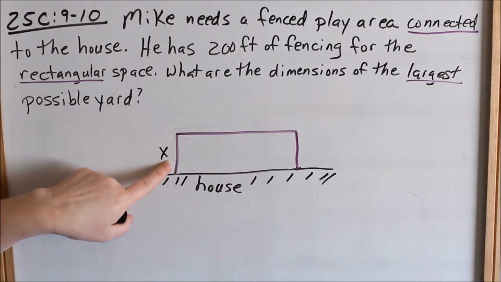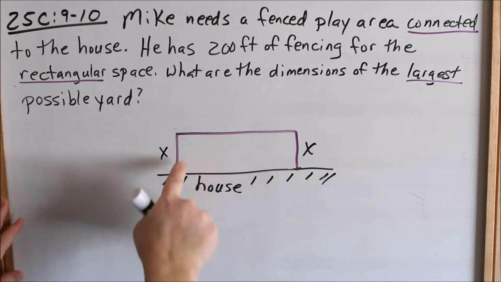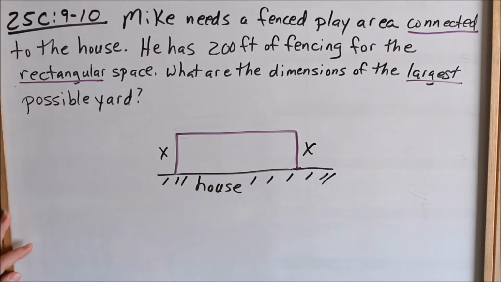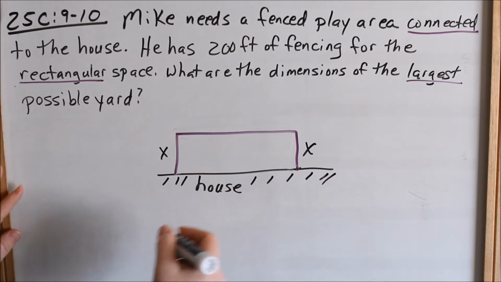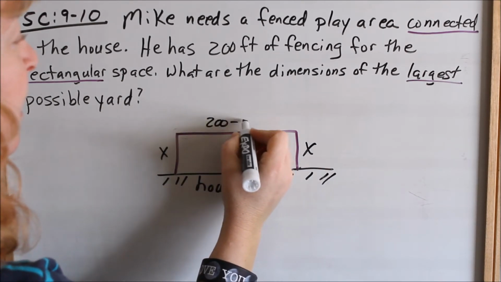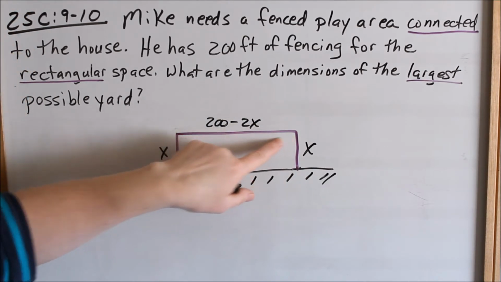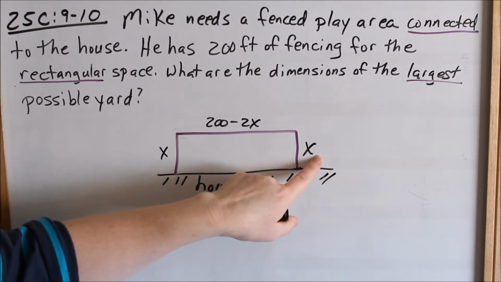Well, if it's rectangular, then we know that this also has the same dimension. So now we know that this plus this equals 200. So we could say 200 minus 2x, because this side is going to equal the 200 feet minus adding these two sides.